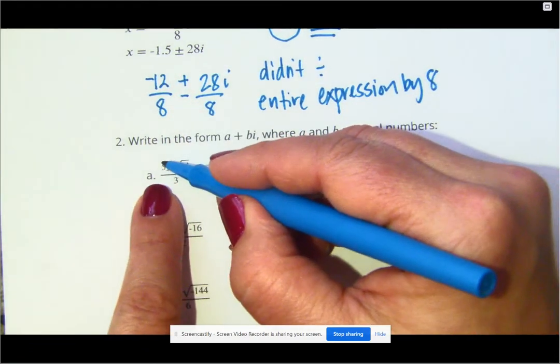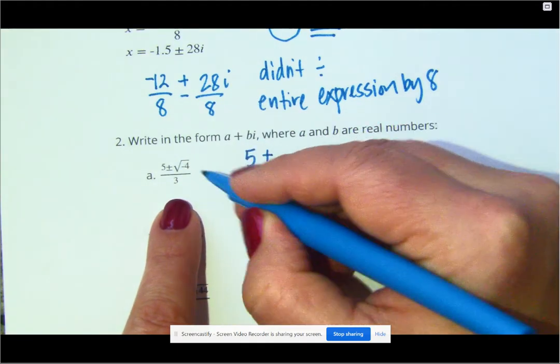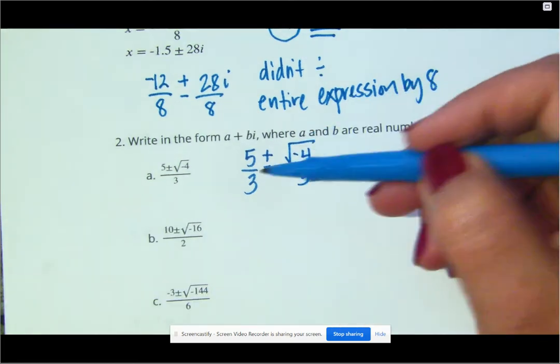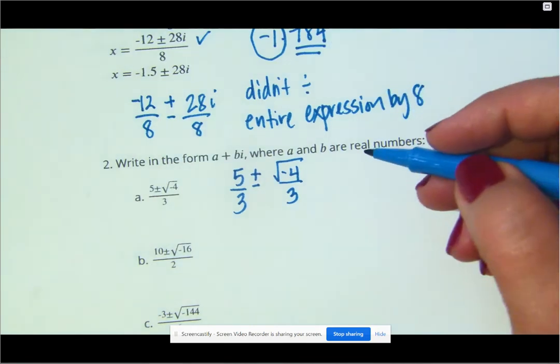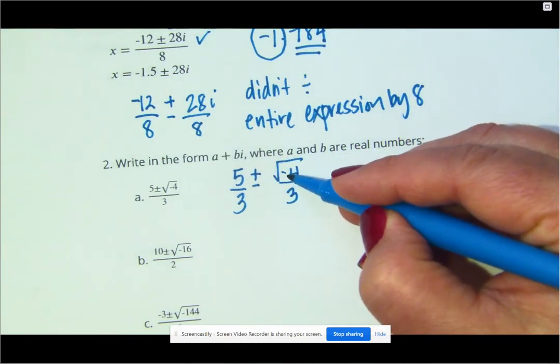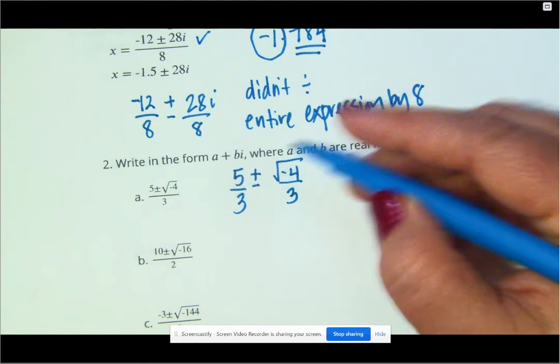So 5 is being divided by 3, plus or minus, this is being divided by 3. Now, if this can be simplified, do it, but 5 over 3 can't. So we're going to leave it and then come over here and clean this up. As soon as you see a negative inside of a radical, that stands for the square root of negative 1, which means i is coming out.